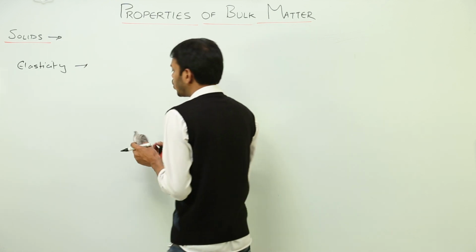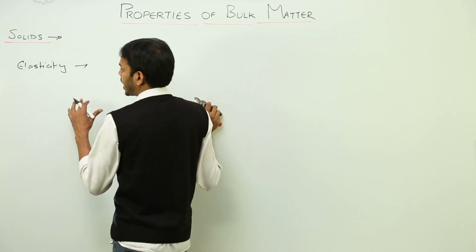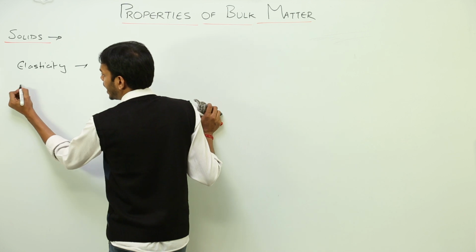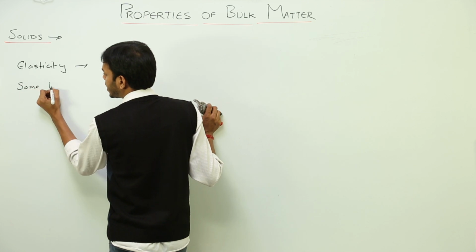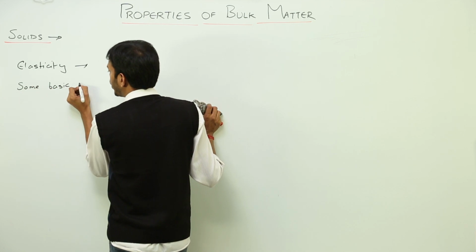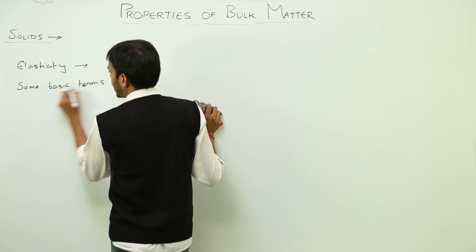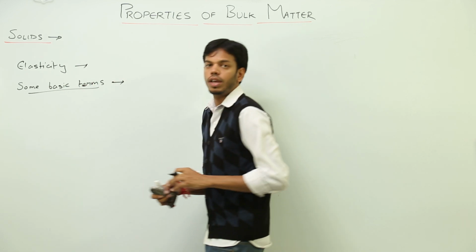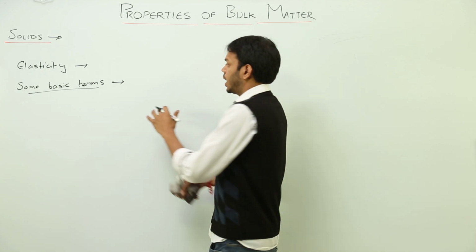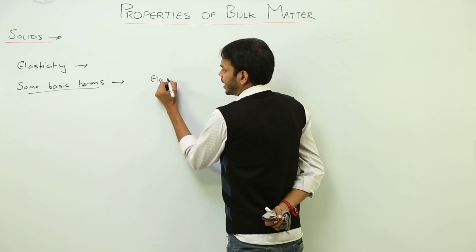Now that you know the definition of elasticity and what exactly it means, let's learn some basic terms which you are going to study in this chapter. I'll write them down for you.